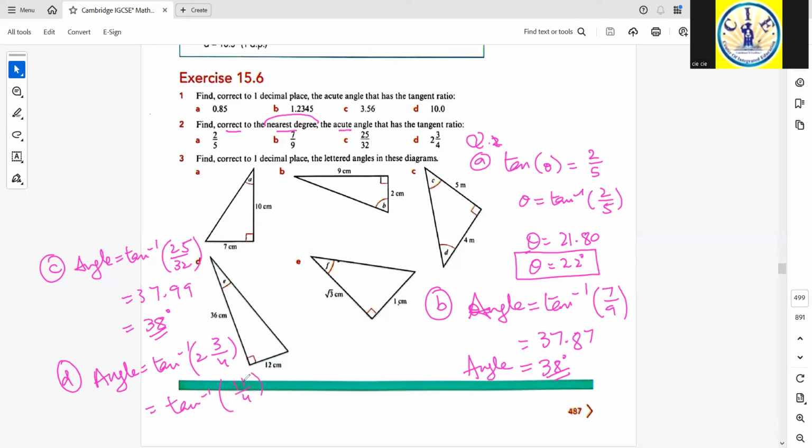So you can write it down as 70.01. So the nearest degree is 70. So this is the answer to this part D, 70 degrees. So this is how these questions are to be done.